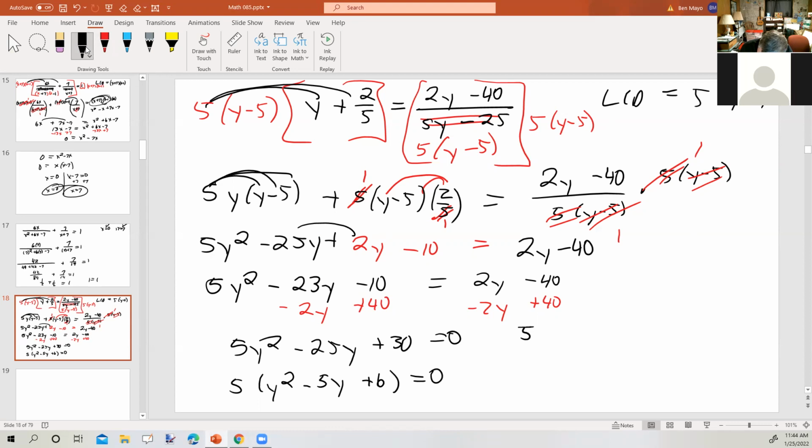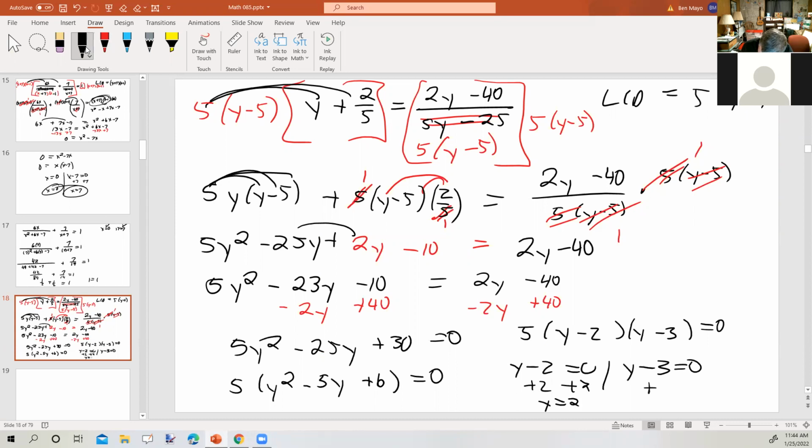So that would factor into 5 times y minus 2 times y minus 3. So y minus 2 equals 0, y minus 3 equals 0. Add 2 to both sides, y equals 2. Add 3 to both sides, y equals 3.